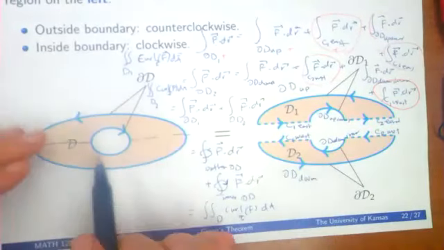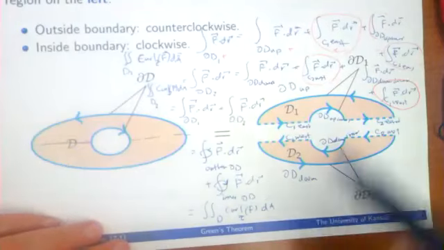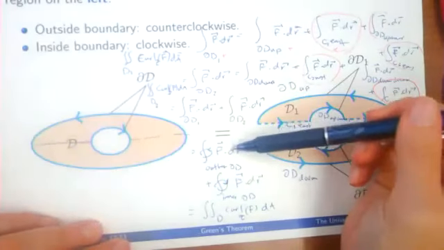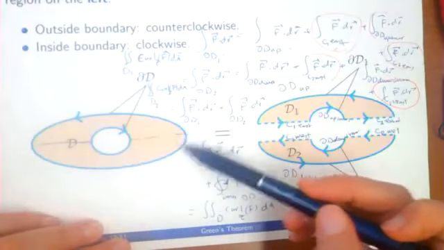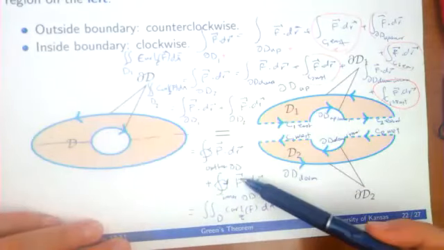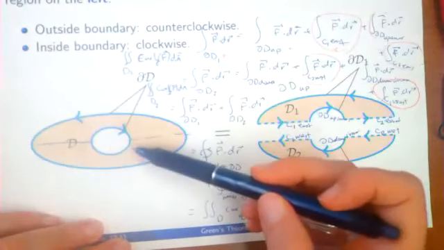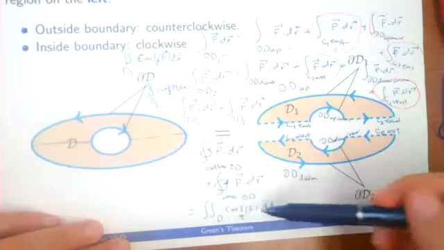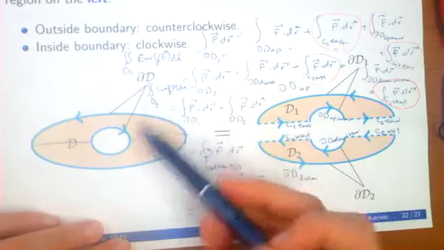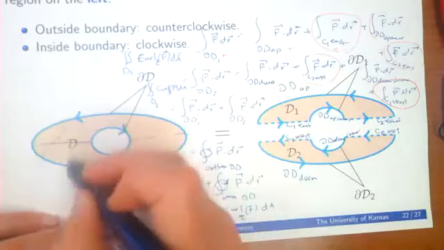So if you have a hole, basically adding the line integral of the outer bounds in a counterclockwise direction and inner bounds in the clockwise direction gives you the double integral over the region, the shaded region.